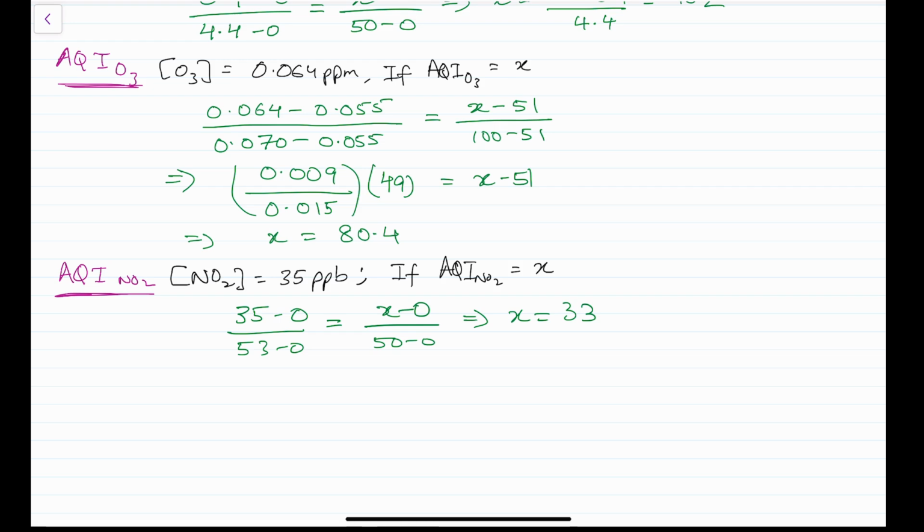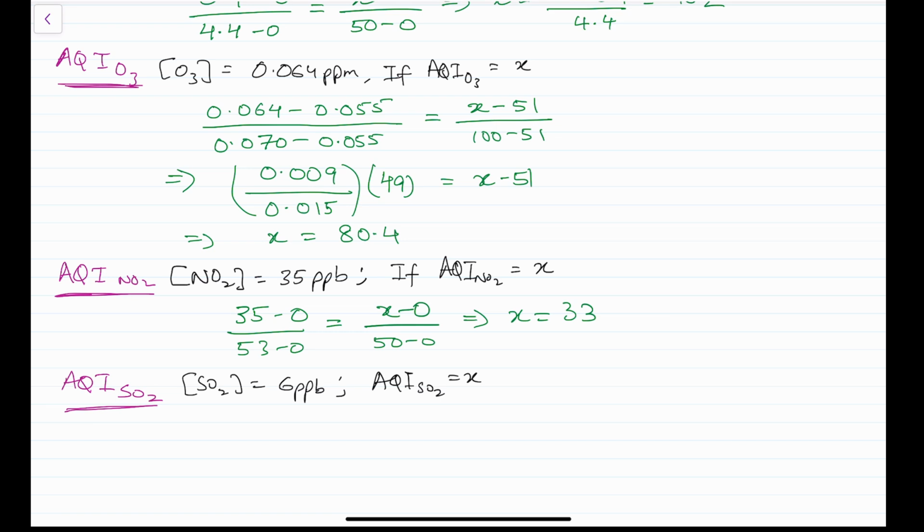And same way, let's do the AQI for SO2, and for SO2 we are given a concentration of 6 ppb, and I'll assume AQI of SO2 is X. This makes my life simpler. I don't have to write this AQI SO2 again and again.